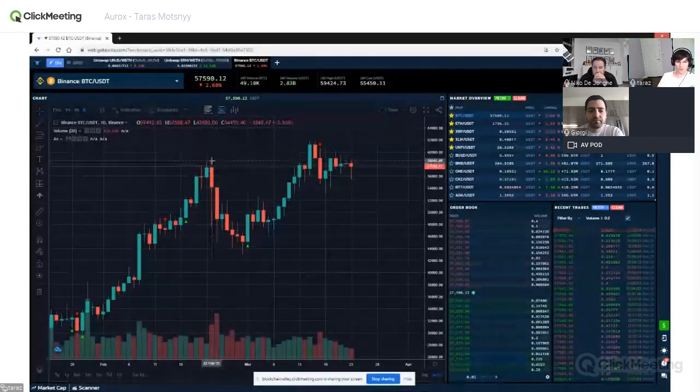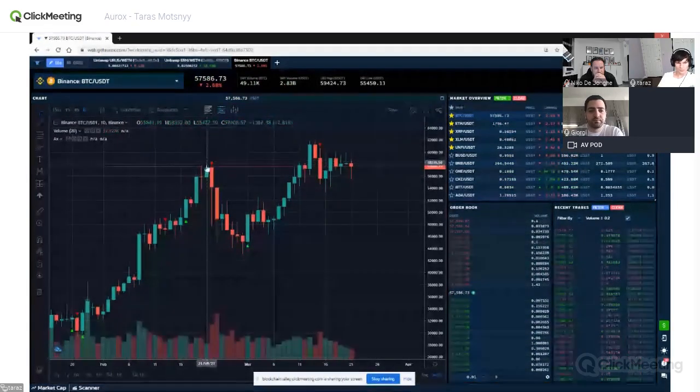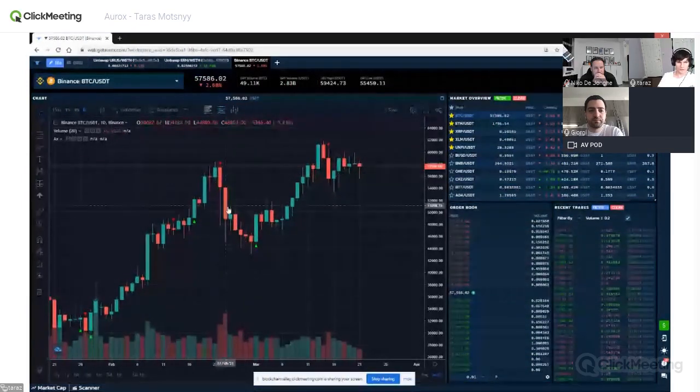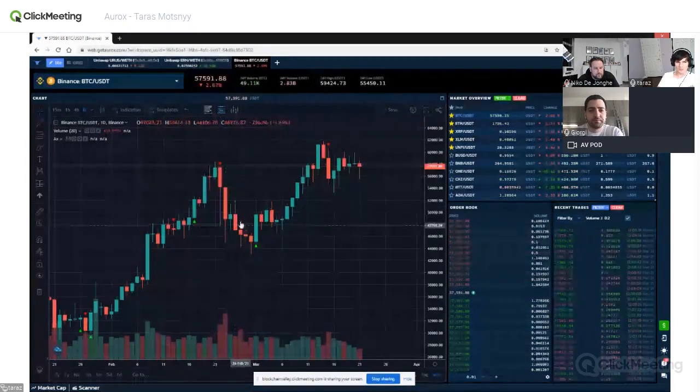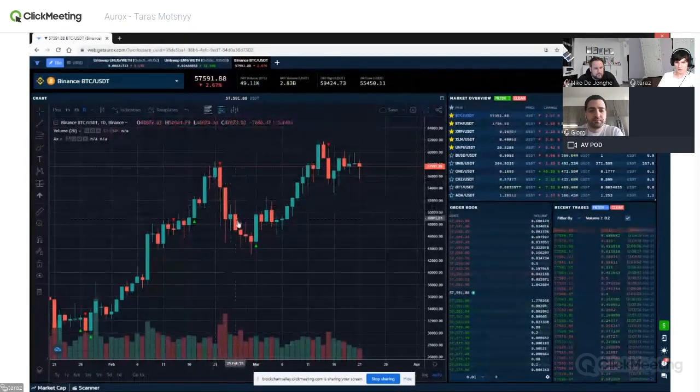Just in this scenario right here, if you can see it on my screen, we got a red arrow showing down. So if you want to enter Bitcoin and you don't know what price to enter at, you could see that we're in a downtrend. So you wouldn't want to buy or enter your position anywhere in here until we get our green arrow.